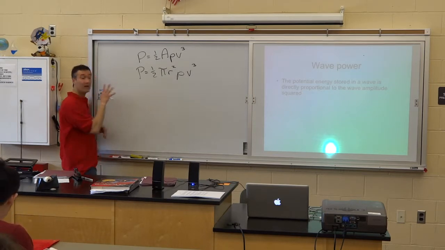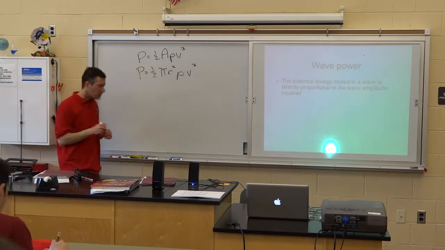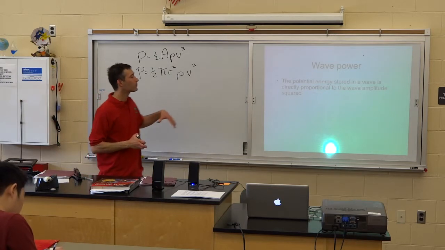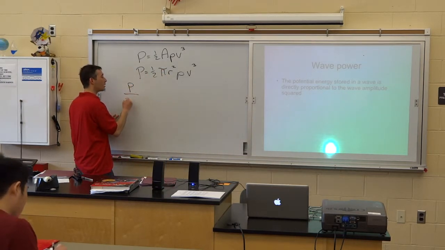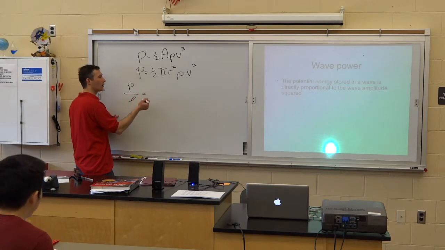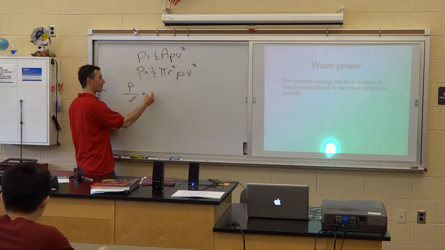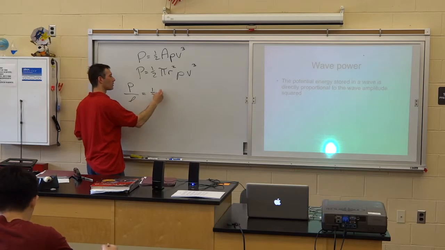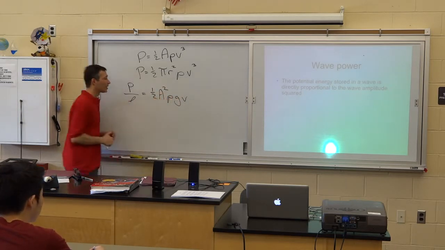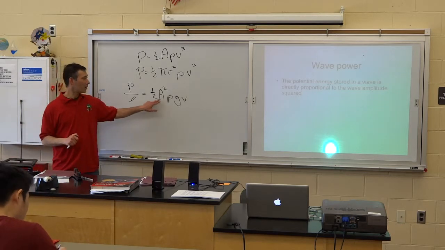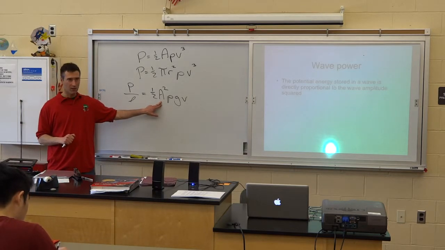All right, so that is our wave power expression that we want to make some sense of. One of the things we'll notice in there is 1/2 A squared rho g v. So the A in our wave power expression is not area. That's the amplitude of the wave.